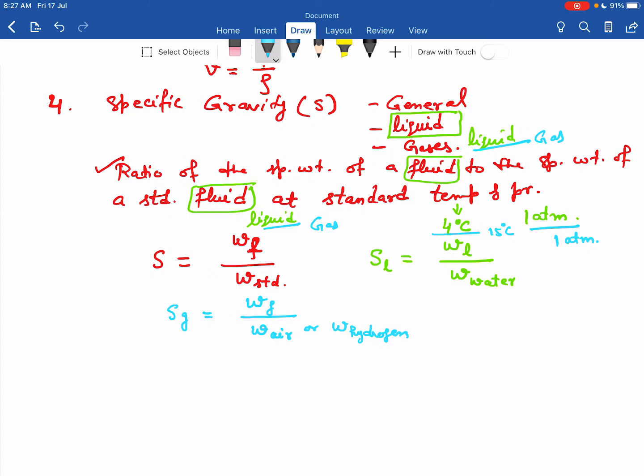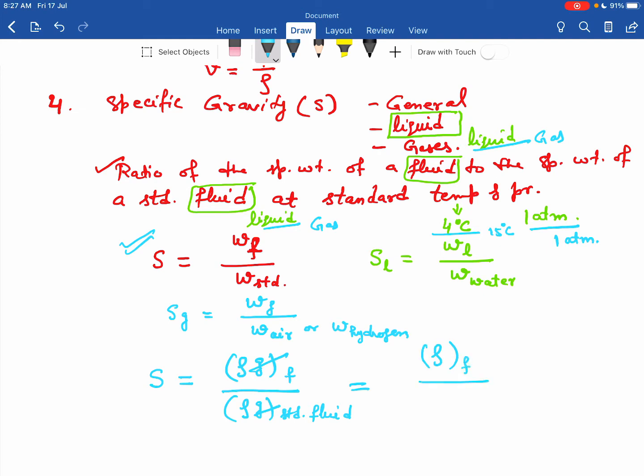Now, specific gravity S you can also write as, for the general term, specific weight of fluid we can write as rho into g of fluid. Now specific weight of standard fluid we can write as rho into g of standard fluid. Now g is constant, so this becomes rho for fluid divided by rho for standard fluid.